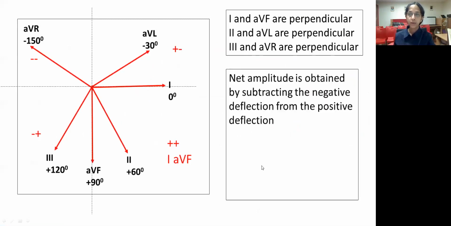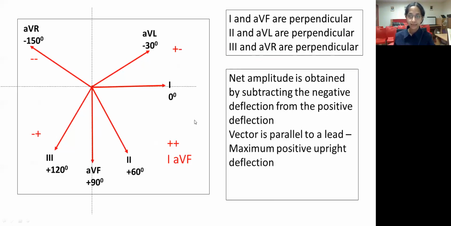Now, how do I calculate the axis? The QRS complex in your frontal lead has an amplitude in terms of millivolts. So, if you have a positive and a negative amplitude, you need to find the net amplitude by subtracting the negative deflection from the positive deflection. Second, a vector is parallel to the lead where it has the maximum positive deflection.